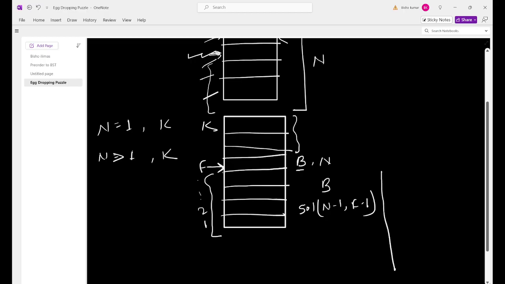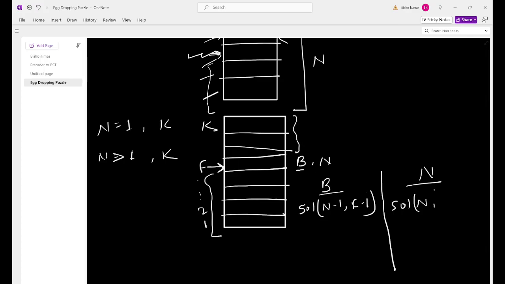Okay, we recursively call for the broken case, and recursively call for the not broken case, which solves for the floors above. If the egg is not broken, then the remaining eggs are still n, because no egg is broken. And above it, the remaining floors are k minus f. Then we need to find the maximum of these for the final answer.